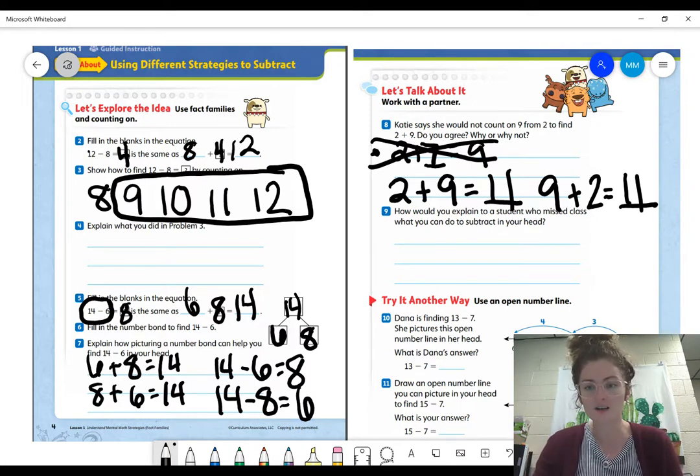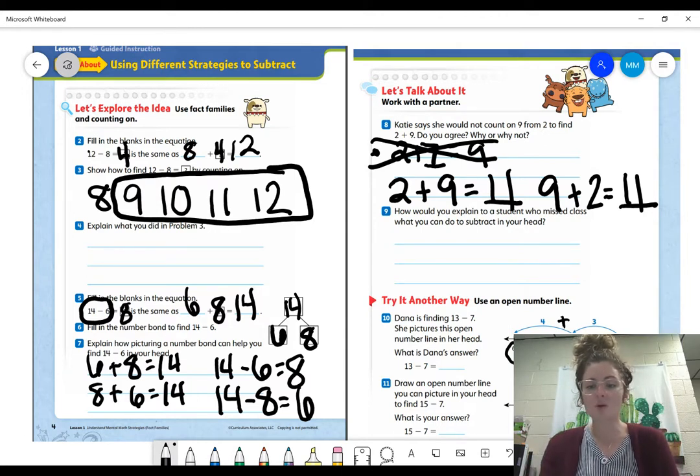Okay, so if you look at her number line, she's going back instead of forward. So she starts at 13. And she goes back 3 because she knows if she takes 3 away from 13, she'll get to 10. But she's not done yet because she has to take 7 altogether. So she took away 3. Now she has to take 4 more. If I have 10 and I take 4 away, what is left over?